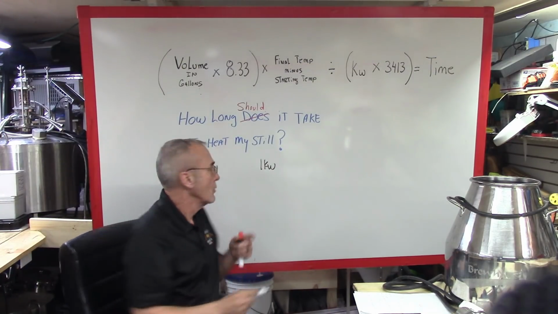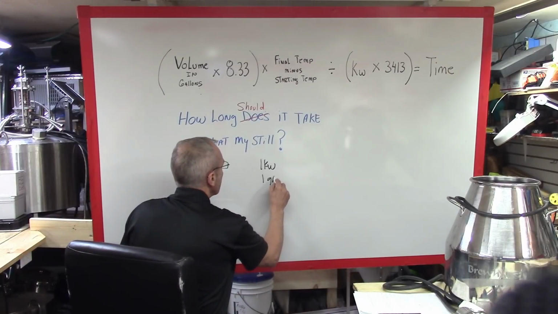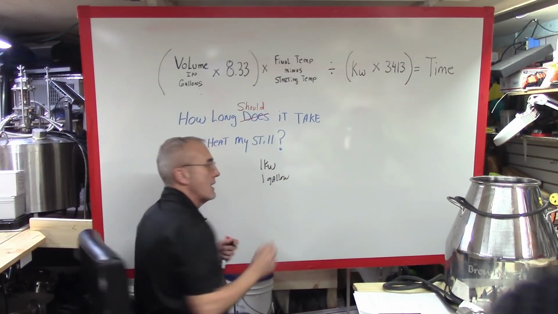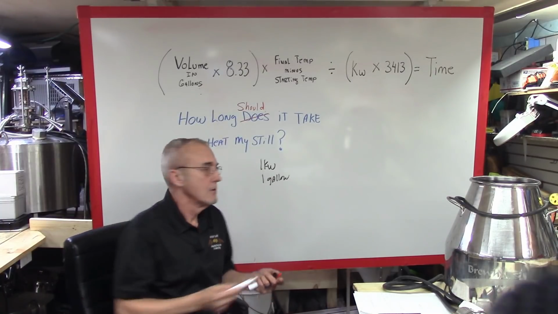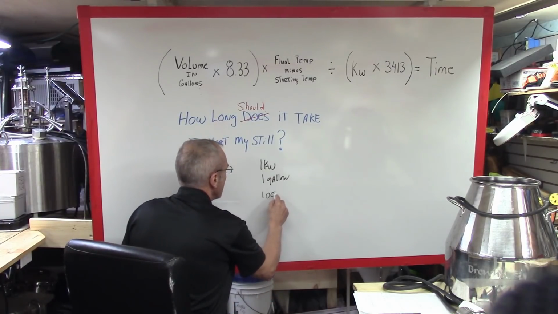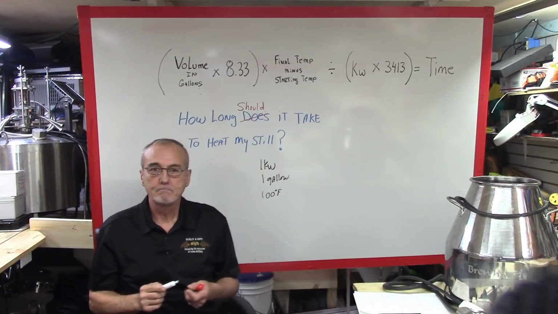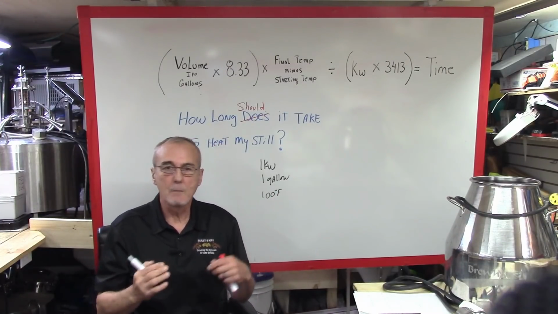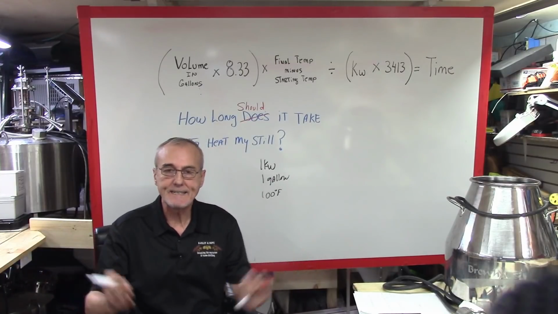We have 1 gallon of water, and we're going to raise that gallon of water by 100 degrees Fahrenheit. I'm just going to do the problem real quick and show you how easy this really is.